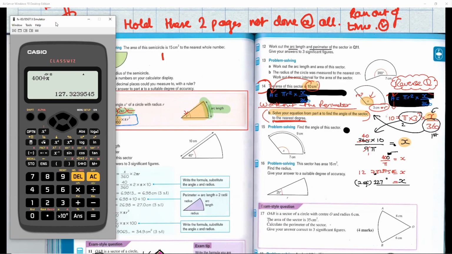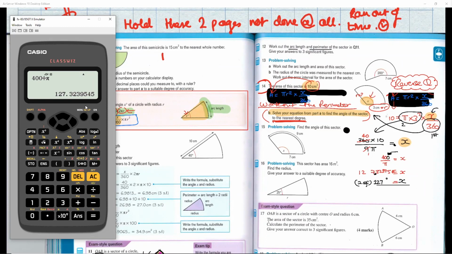Now that you know the angle, remember, do not use the rounded-off angle to work out the perimeter. Go back to the original answer. The original answer is on the screen where my mouse is on the calculator. That's the original value. Use the original calculator value for the angle calculation. When you put it into the next part, do not use the rounded-off value.